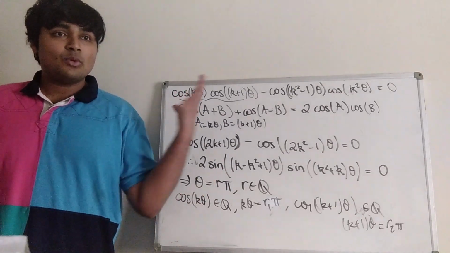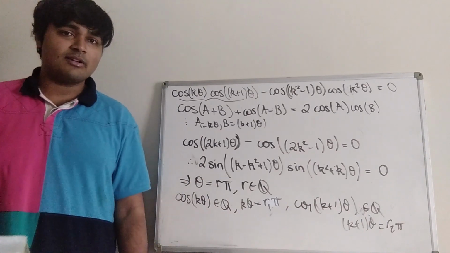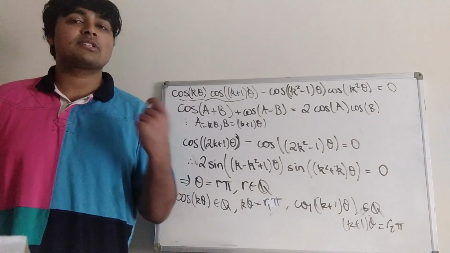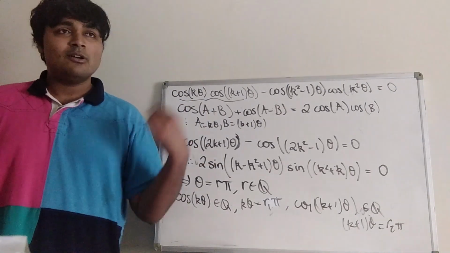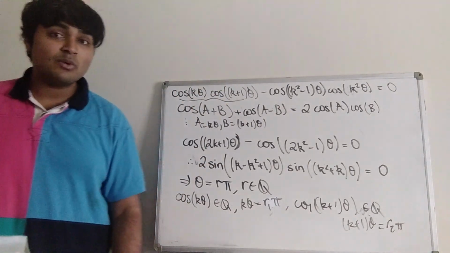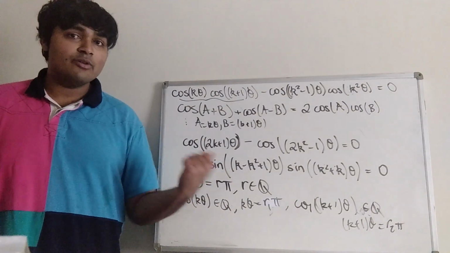But either way, if you think about what values of alpha will give us cosine alpha equals 0, what values will give us cosine alpha equals a half, or plus minus half, and similarly plus or minus 1, we get that all of them are going to be integer multiples of pi over 6.